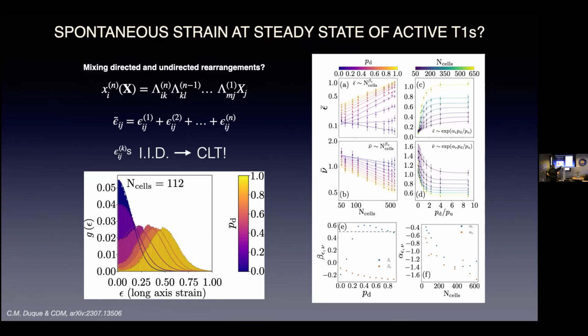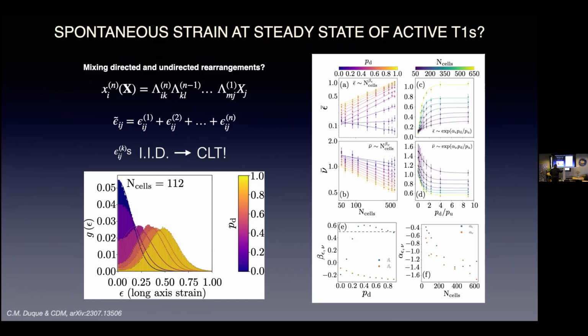Sorry, this is the strain as a function of the number of cells in the patch, so the size of the patch, and then the colors are the different ratios of directed driving versus the effective temperature. And then this is the same information presented the other way around. So now here's the strain again, and now it's the ratio on the y-axis, and the color is the size of the system. Right, so depending on how you prefer to interpret it, you can look at either one.